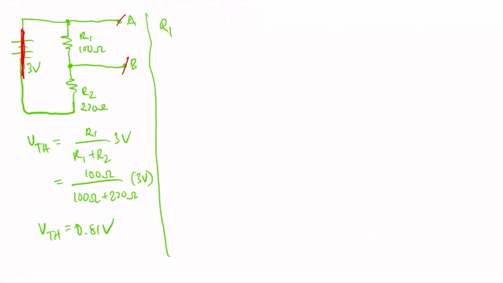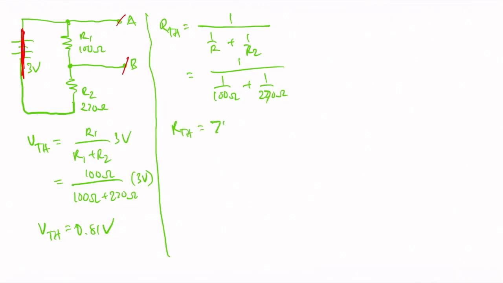So that means that the Thevenin resistance is just 1 over R1 plus 1 over R2, which is equal to 1 over 100 ohms plus 1 over 270 ohms, so that Thevenin resistance is equal to 73 ohms.